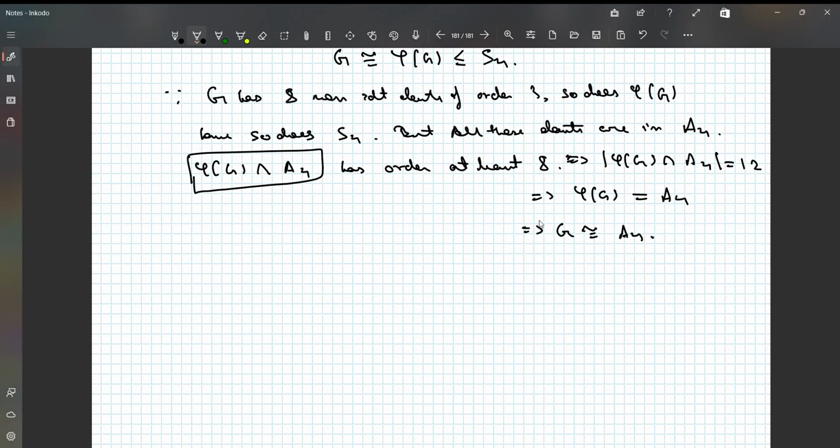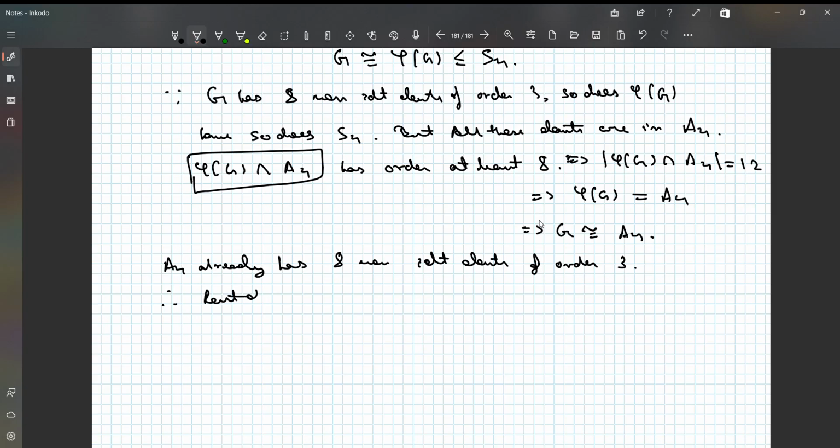But that's quite evident. The reason being, A4 already has 8 non-identity elements of order 3. Now, obviously, A4 will have a Sylow 2 subgroup, and this Sylow 2 subgroup will be of order 4 because the prime factorization of 12 is 2 squared times 3, right?